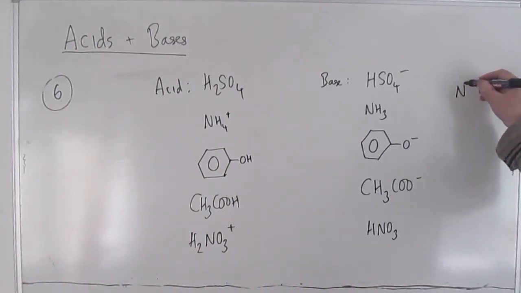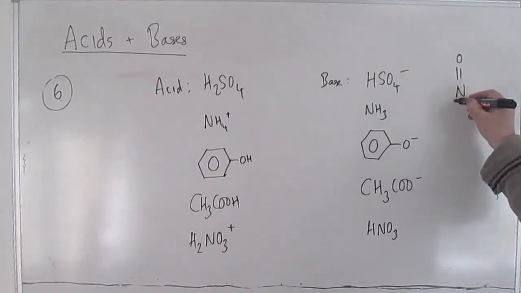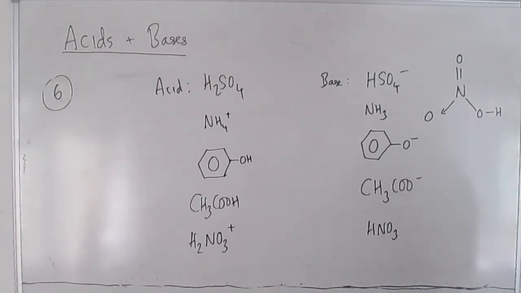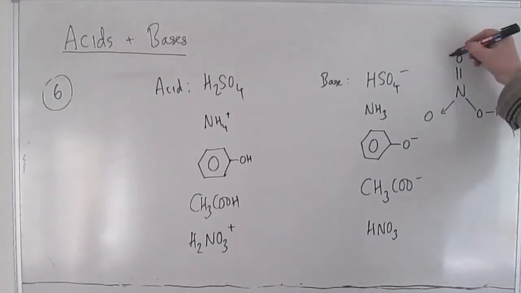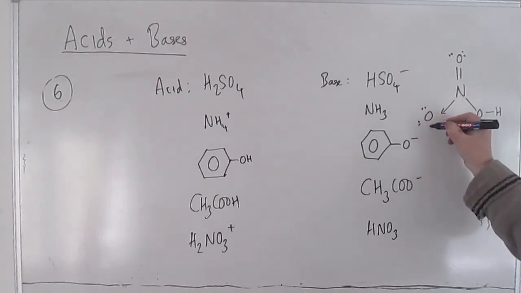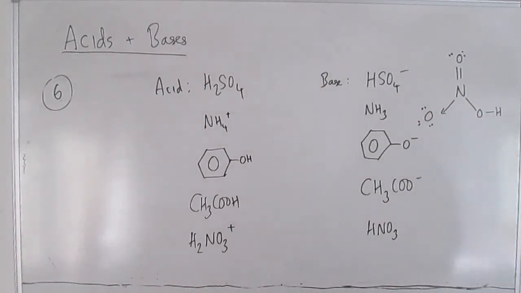If you look at the structure of nitric acid, it looks like this. Okay, so you've got the H+ there, which can be given away, but you've got lone pairs on these oxygens, and of course there's no reason that one of those can't be given away to form a dative covalent bond to an H+ ion, which is what's happening there.